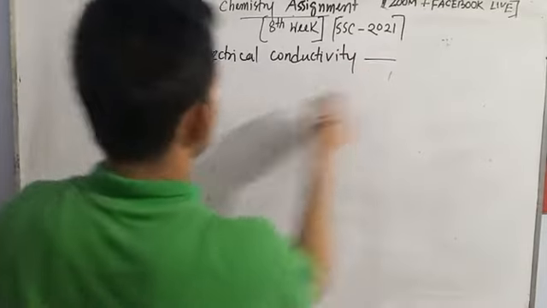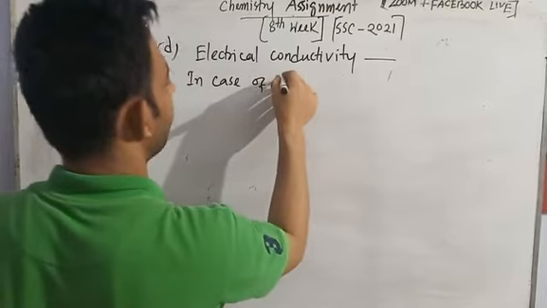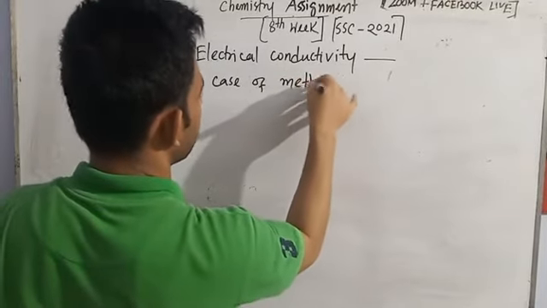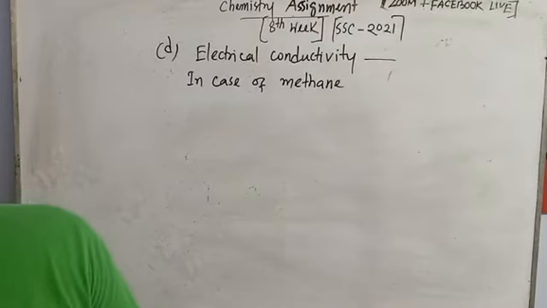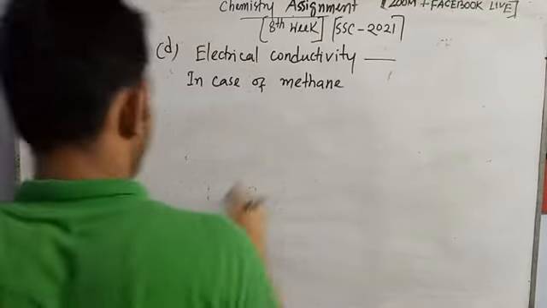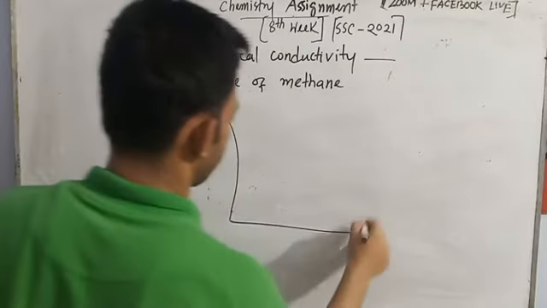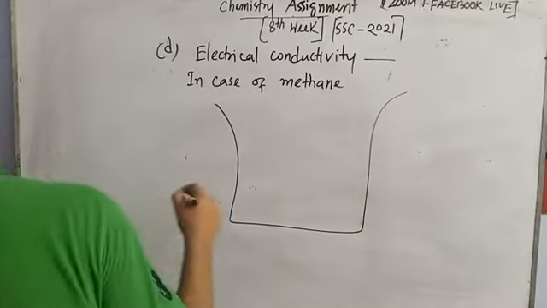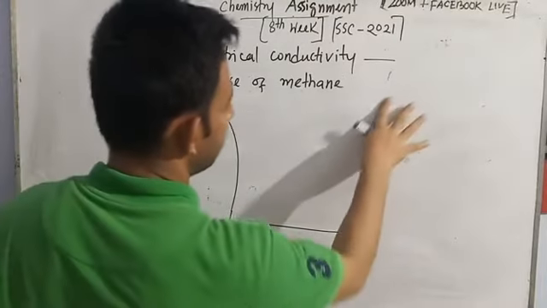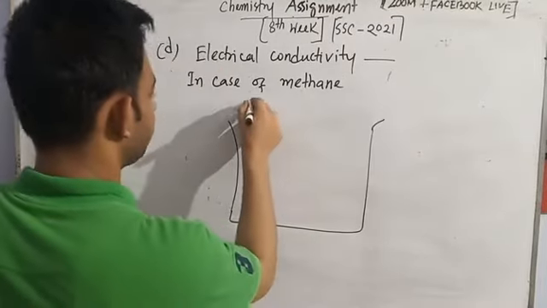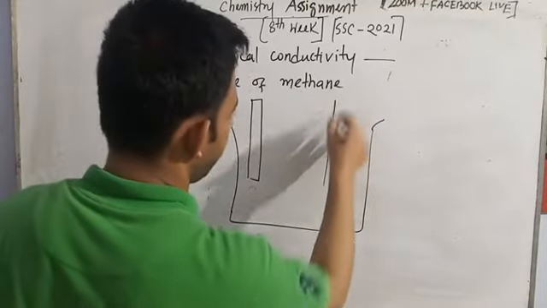Okay, in case of methane, I will just draw a figure accordingly here. A simple figure. Just make it a container. For the experiment, there will be the positive electrode and negative electrode, anode and cathode.